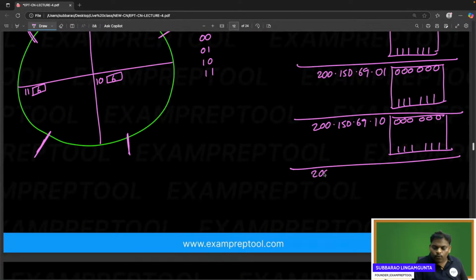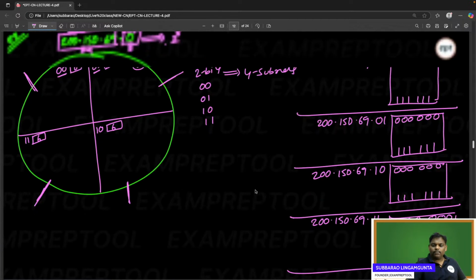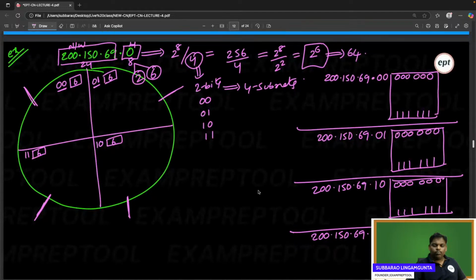Then 200.150.69.11, 6 zeros to 6 ones. Is it okay?